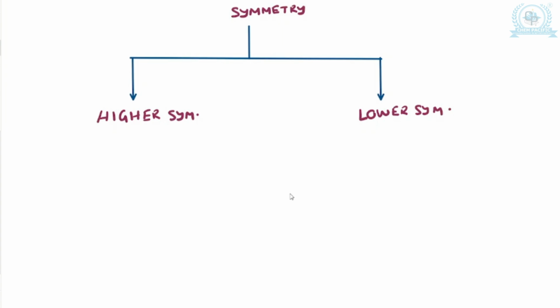Higher symmetry means you can consider octahedral or tetrahedral, Dnh or Dnd. These fall under the higher symmetry category. And for the lower symmetry, you have Cnv, Cs and Cn.